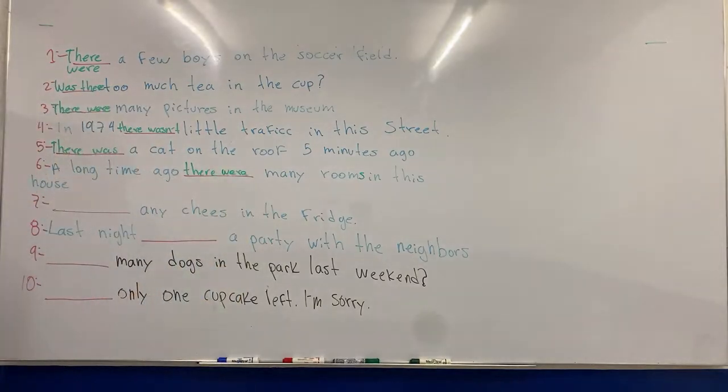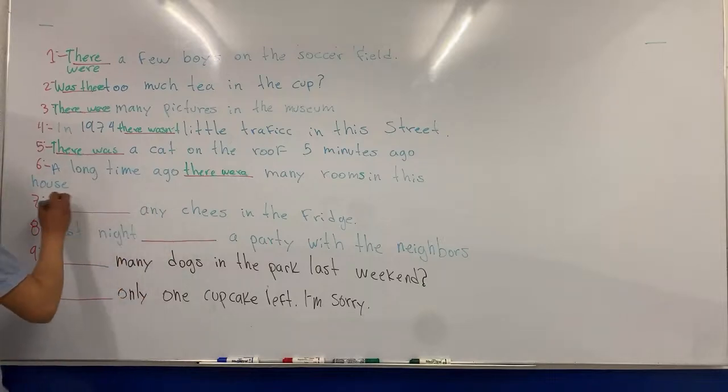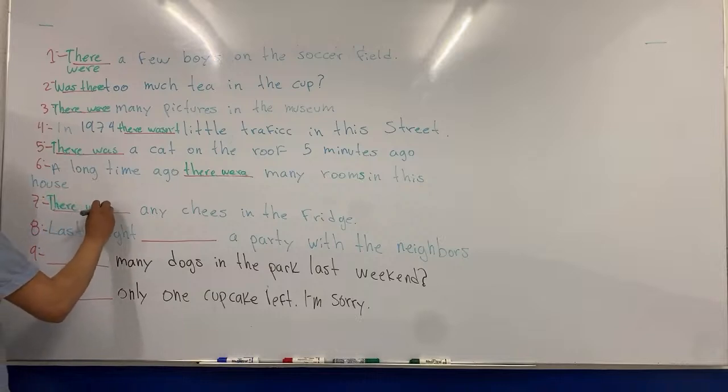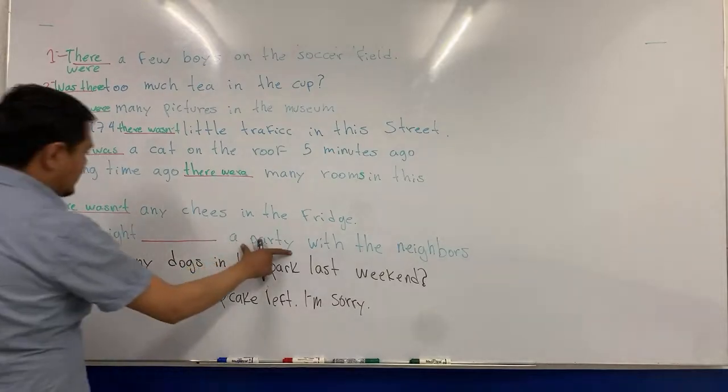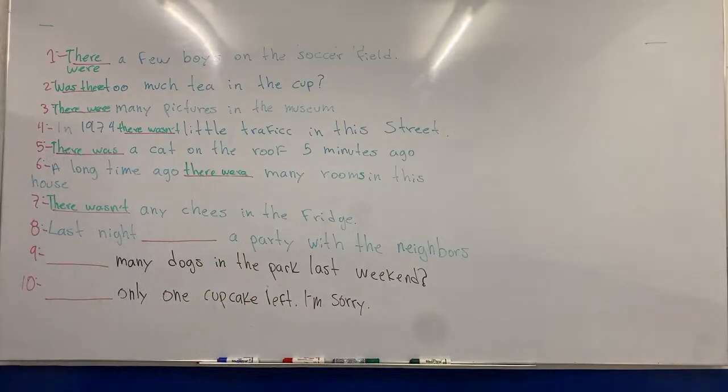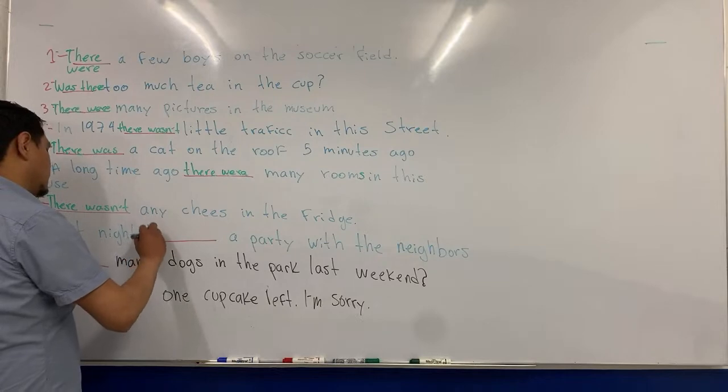Number 7. Pay attention to this. Cheese is uncountable and any is negative. Therefore, there wasn't. Last night, a party with the neighbors. Party is singular. Therefore, the correct answer is there was.